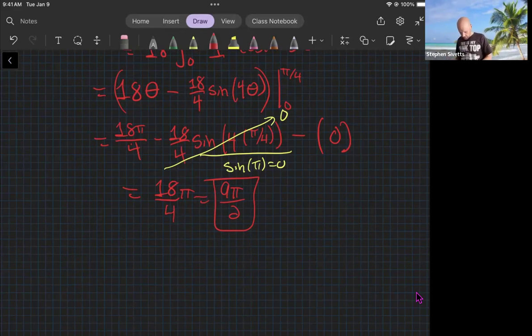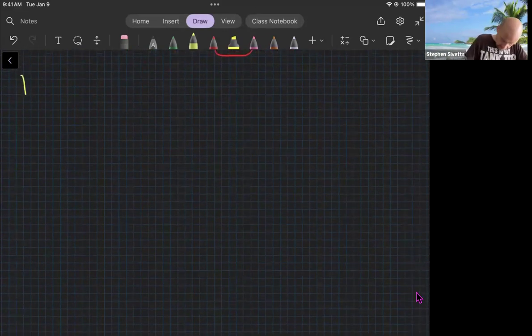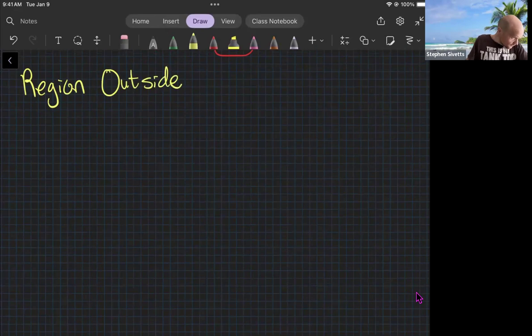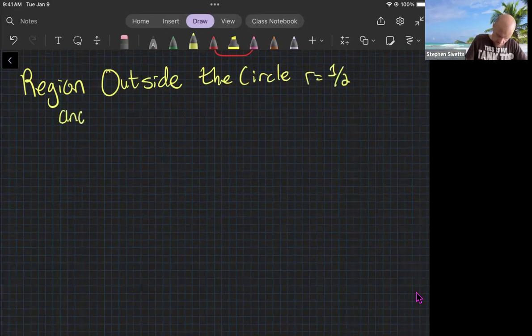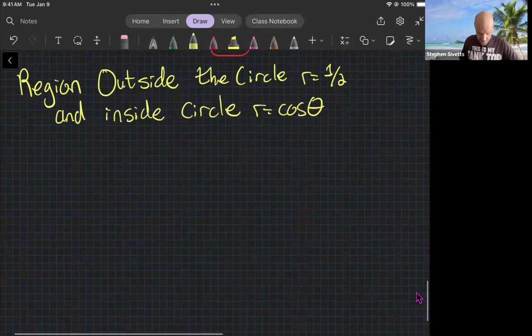Let's look at another one. So this time, we're going to look at this region. r equals cosine theta.